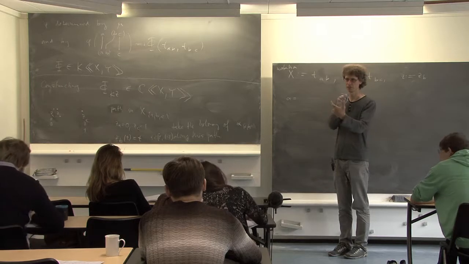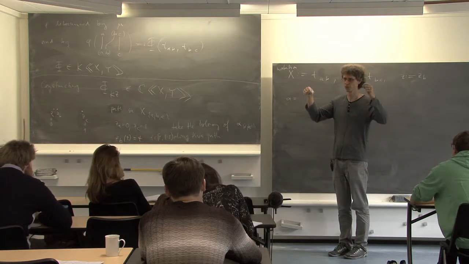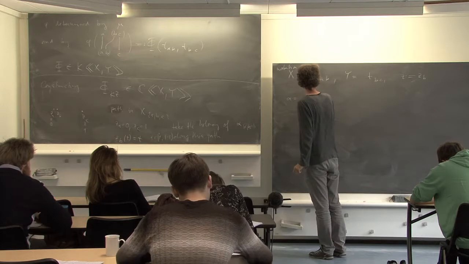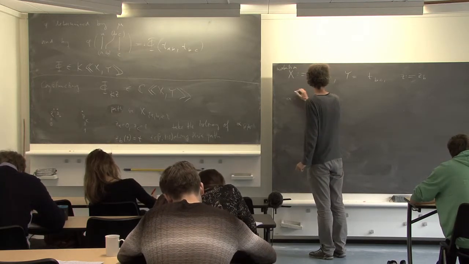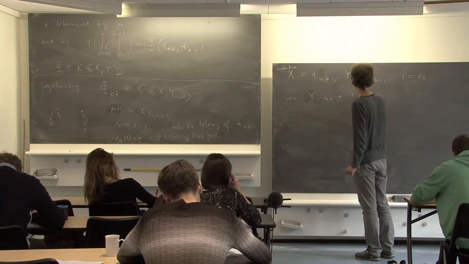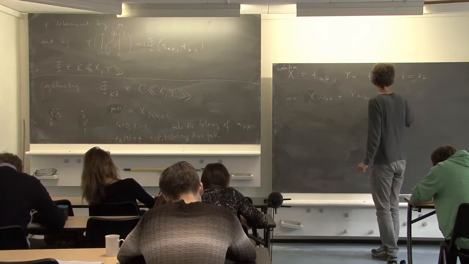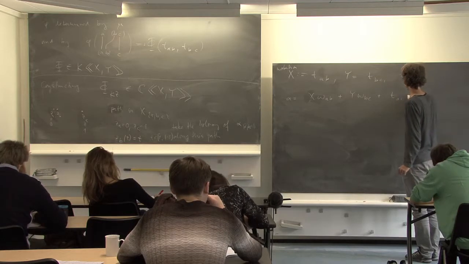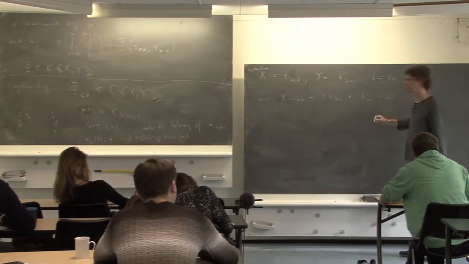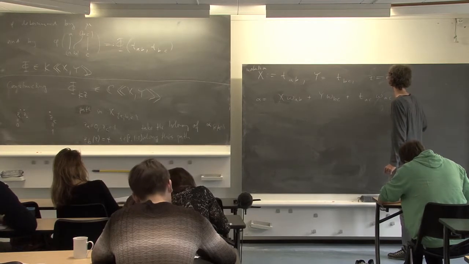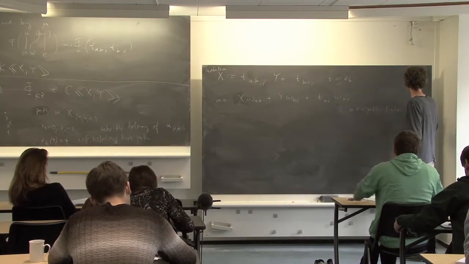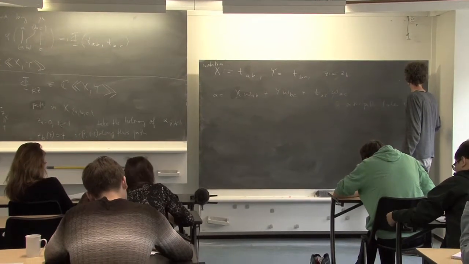But just along this path, z_A and z_C are not moving, so alpha is something like X omega_AB plus Y omega_BC plus, and we don't have notation for this, t_AC omega_AC, but this term is 0 on the path, when z_A is equal to 0 and z_C is equal to 1.